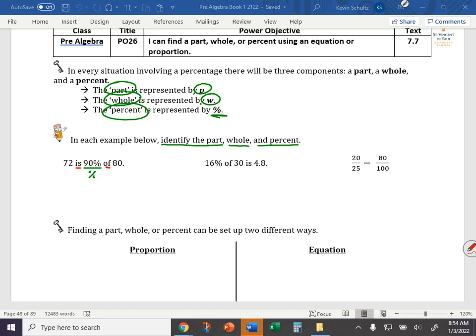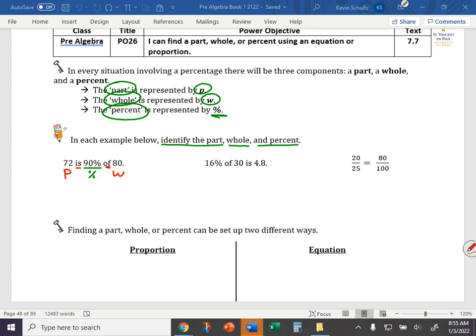You can get 72 items out of 80, but wherever you see that word of, and there are some exceptions to this, so it's not a perfect solution, generally when you see that word of, what follows is the whole. When you see that word is, what comes before it is the part.